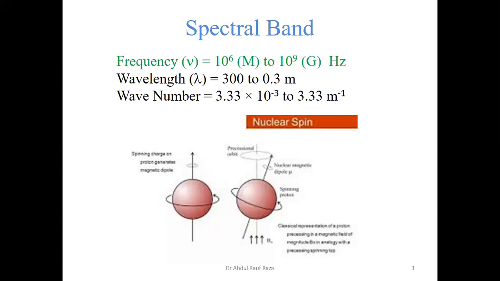Why? Because when this top is spinning, it is producing a magnetic field. But this magnetic field is less than the magnetic field of Earth. When its spinning decreases, the frequency decreases, and the magnetic field decreases. Earth's magnetic field is constant, which we call the applied magnetic field.